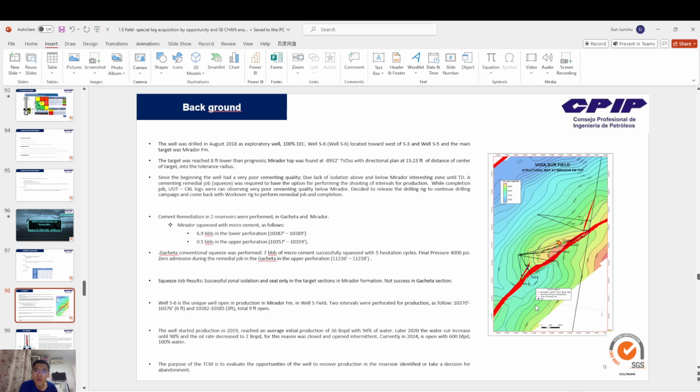Mirador top was found at 8,932 TVDSS, with a directional plan at 15 feet of distance from the center of the target, within the tolerance radius.